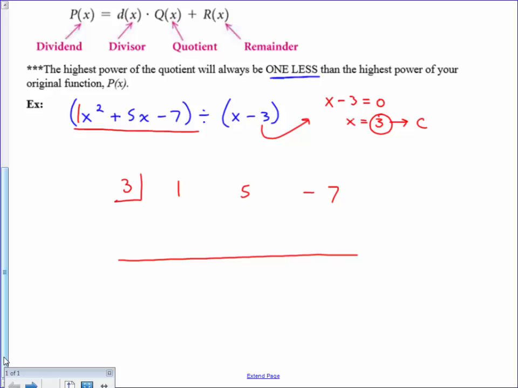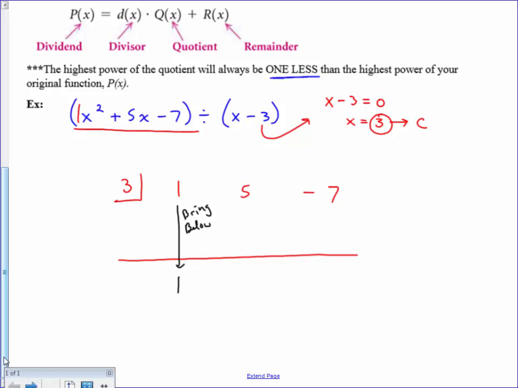From here, to perform synthetic division, you have certain steps that you must do. The first step is whatever the first coefficient is, you need to bring that number down below your line. So bring below.